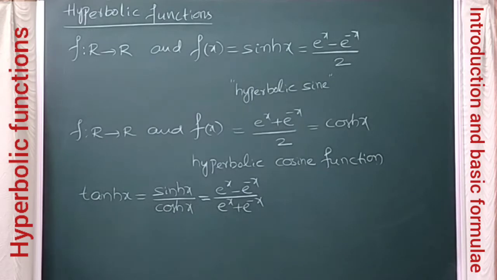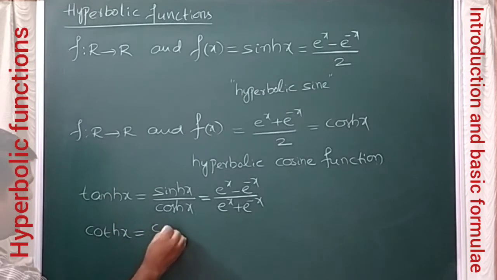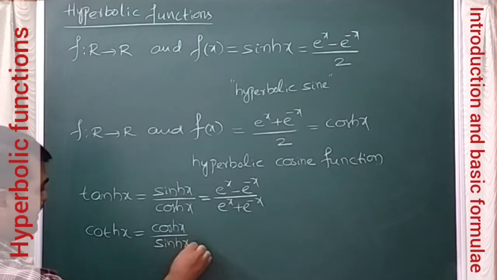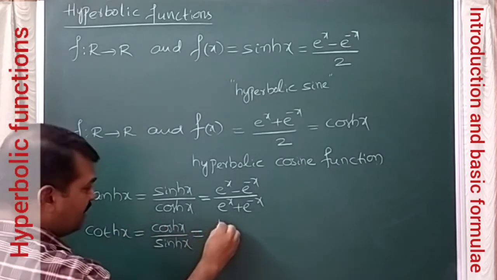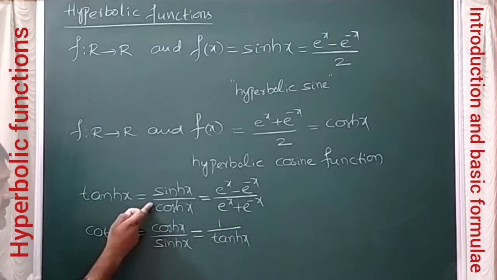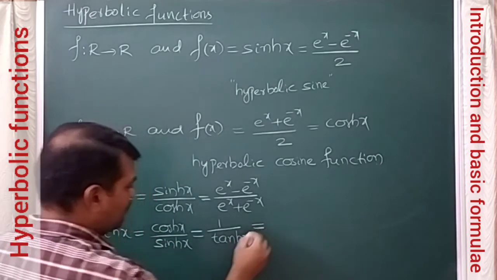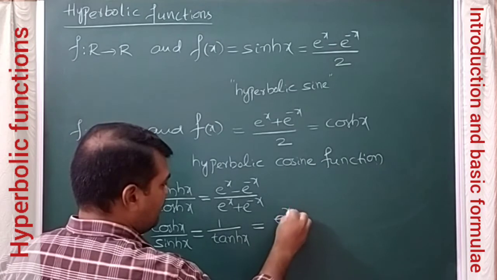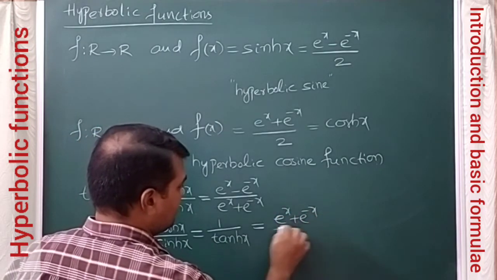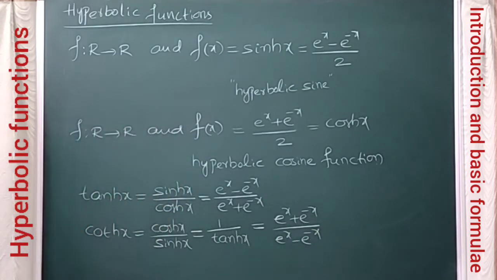Similarly, we can write cot hx as cos hx by sin hx, which is the reciprocal of tan hx. So the reciprocal of tan hx is e power x plus e power minus x by e power x minus e power minus x. That is the formula for cot hx.